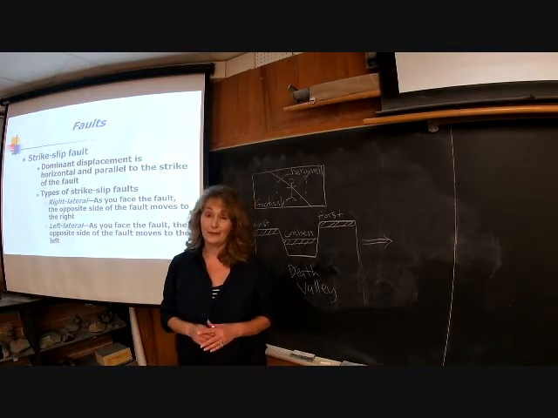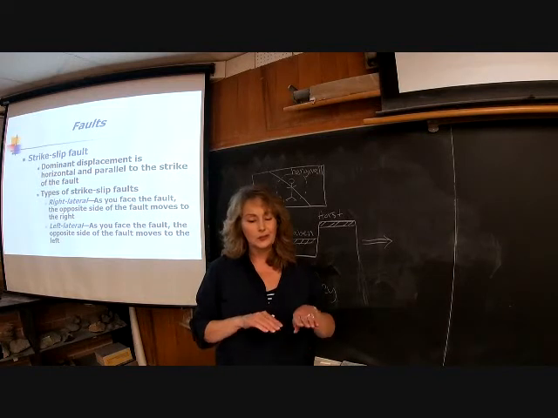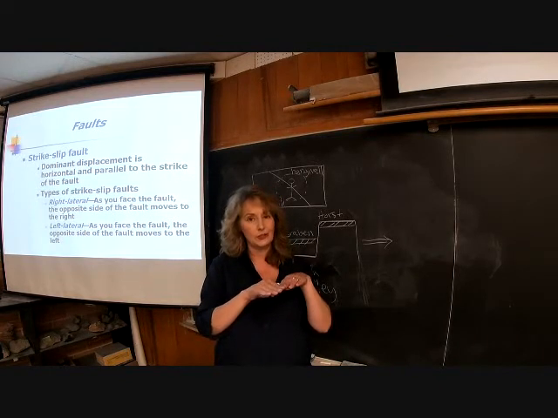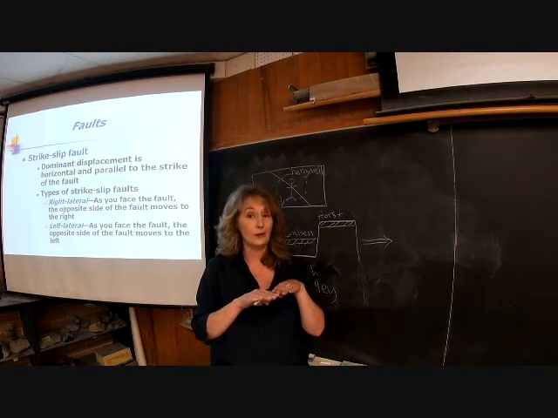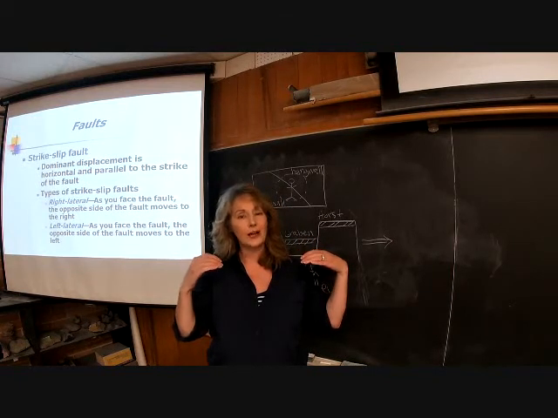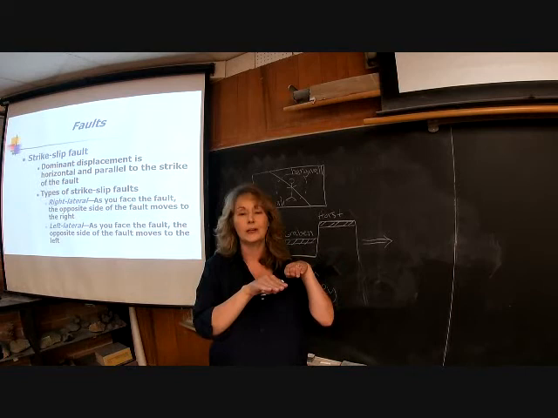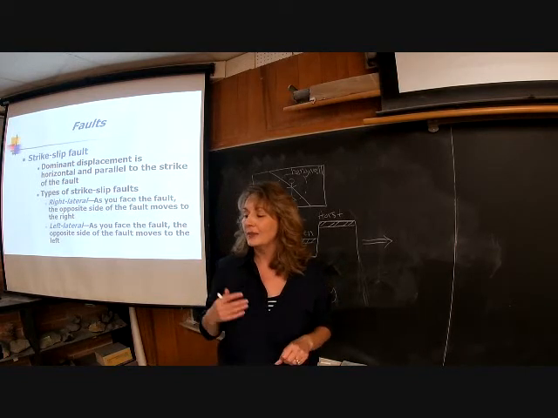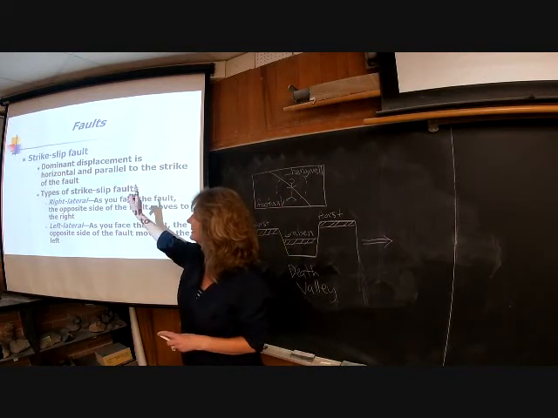Now, some other types of faults we call the stress is more of that shearing motion, more like our transform fault boundaries, where we're not coming together convergent, we're not pulling apart divergent, but we're shearing past one another. So that stress of shear, okay? These are known as strike slip faults.